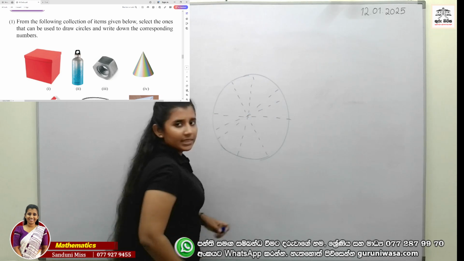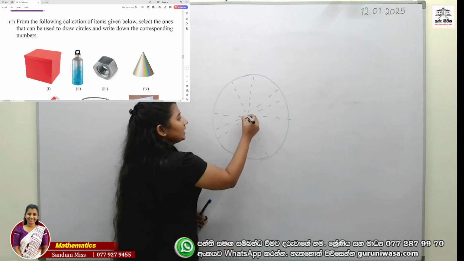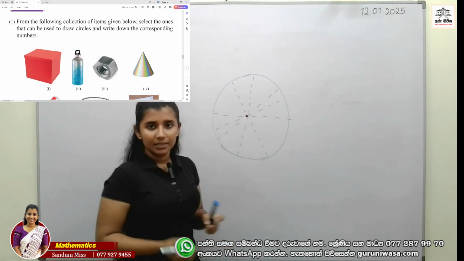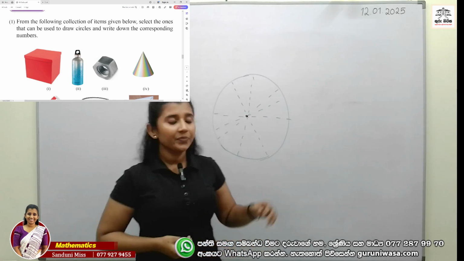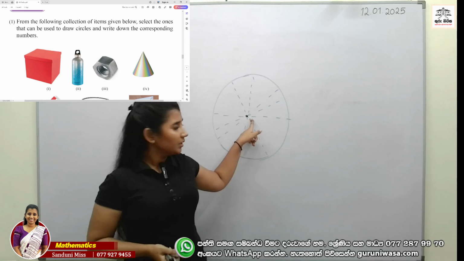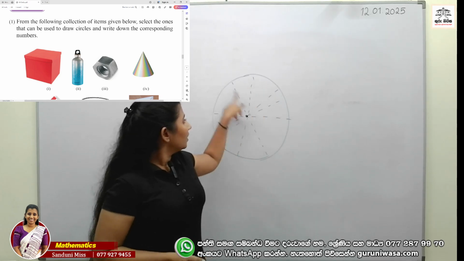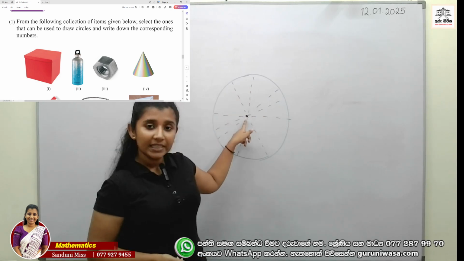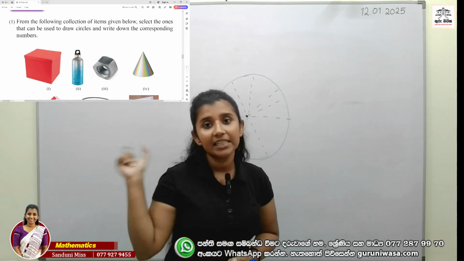Now you can see that all the folded lines intersect at one point. So this point is the middle point or the center. Right? From here, all the lines, can you see? All the lines from the center to the circumference, the distance is the same.